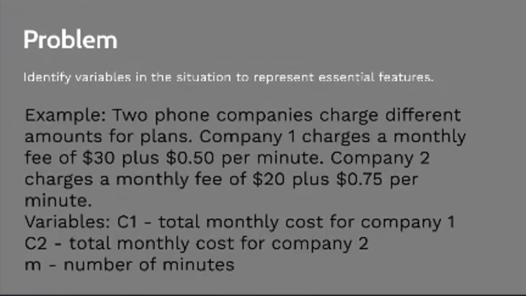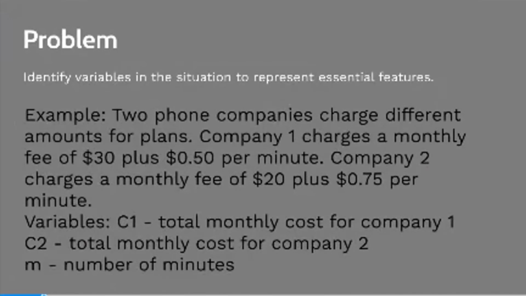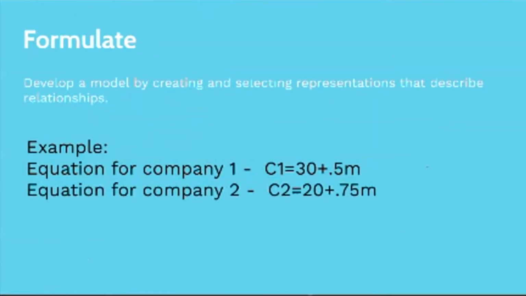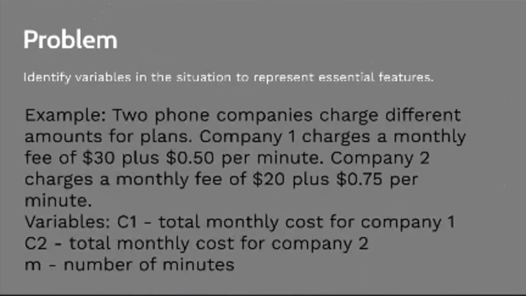So we've established C1, C2, and M, and now in Formulate, we have created equations using those variables that we found in the first part. All we've done at this point is identify what variables we have, which are how much company one charges and how much company two charges.